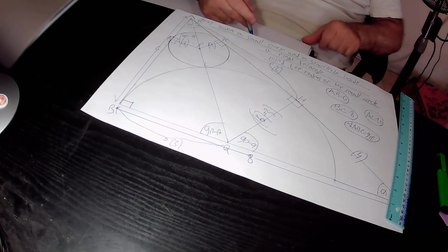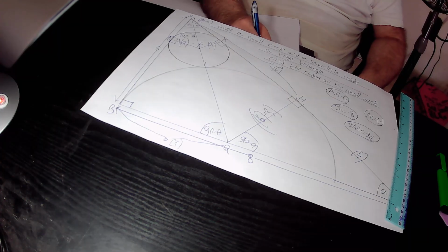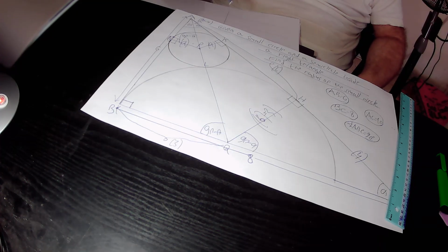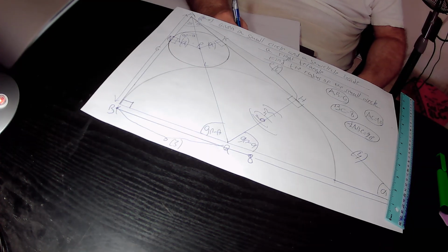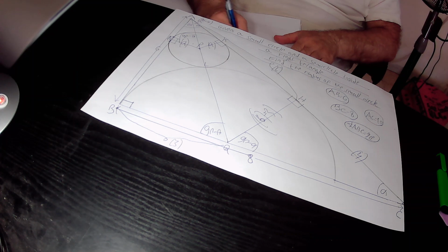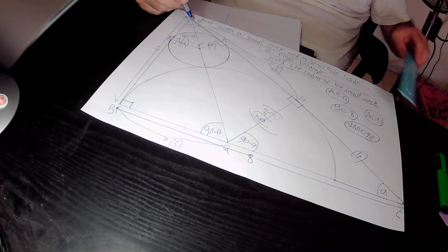We'll prove that the big right triangle ABQ is similar to the small right triangle ANP. So why is the big right triangle ABQ similar to this small right triangle ANP?